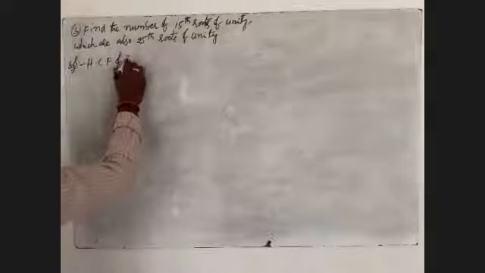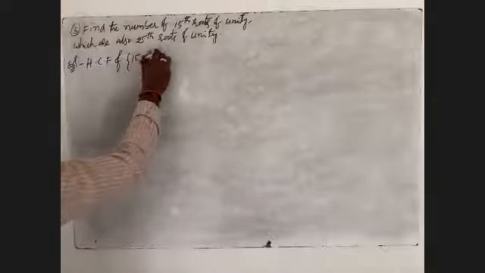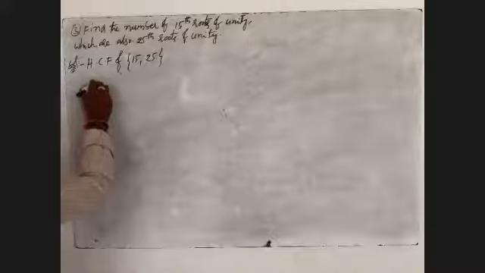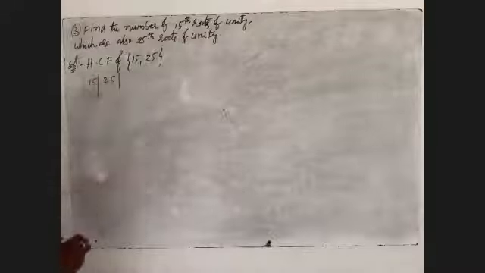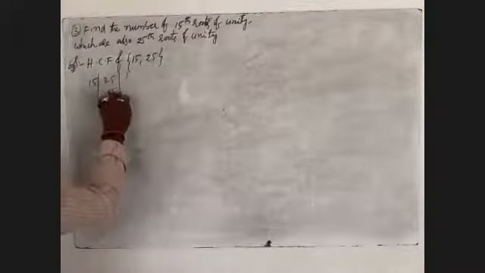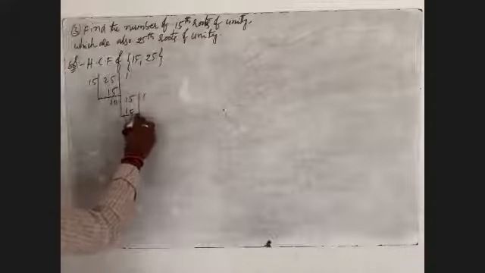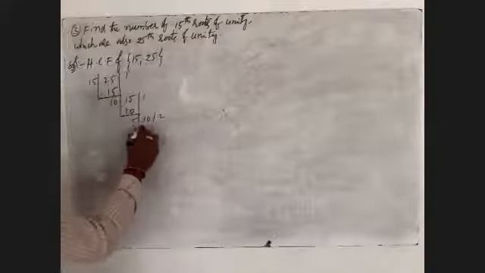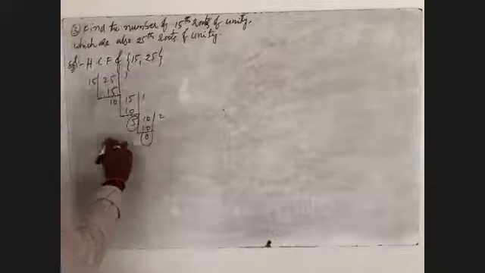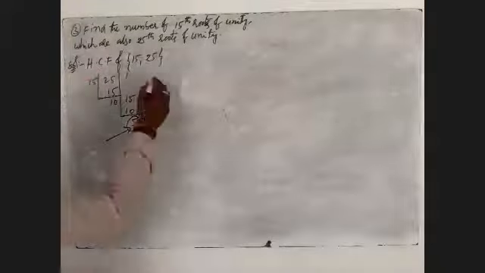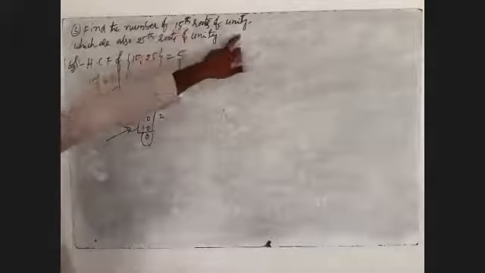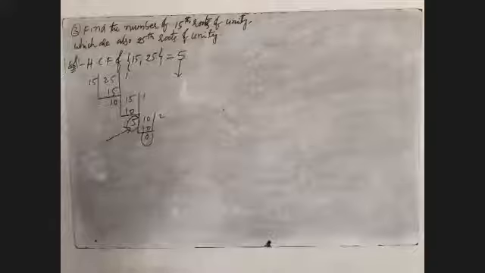I will take the value 15: 15 ones 15, remaining is 10. Then 15, 10 ones 10, remaining 5. Then 5 twos 10. So the HCF is 5. That means the HCF of 15, 25 is nothing but 5. These 5 are the number of 15th roots of unity which are also 25th roots of unity. That's what I am asking in this one.